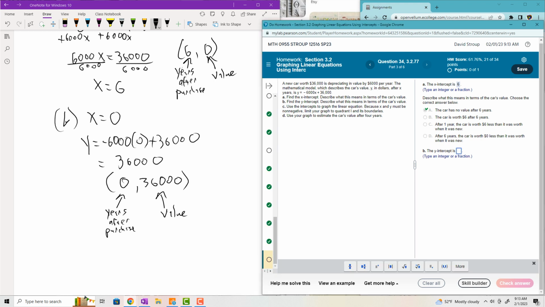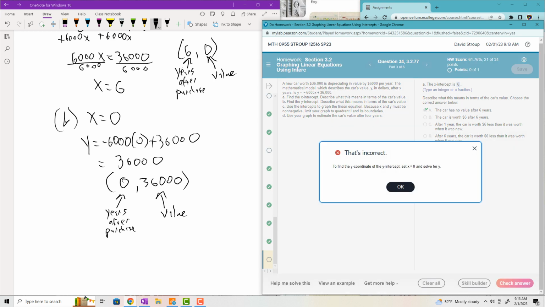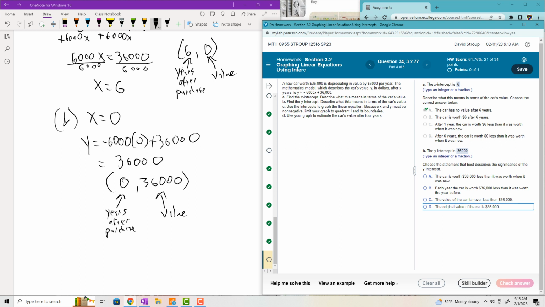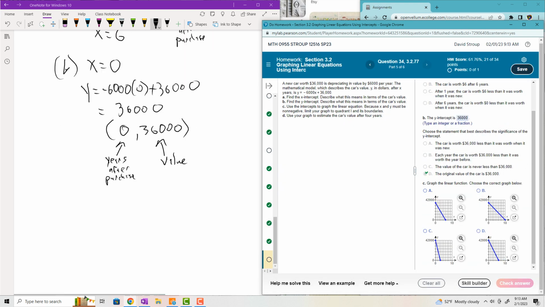Okay, so the y-intercept is 36,000. Oops. Was that 360,000? Okay, sorry. I got carried away. Probably a nice car there. So basically, the original value of the car is 36 grand.